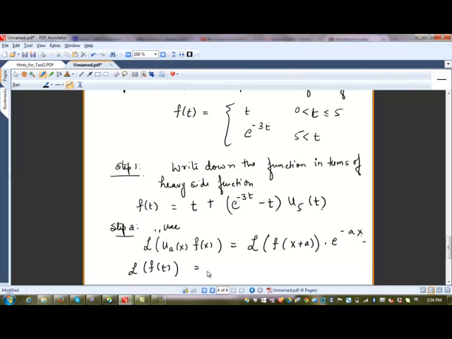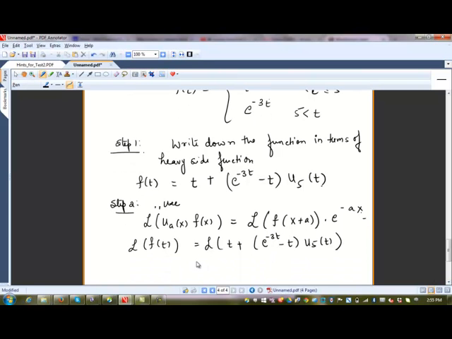The Laplace transform of f(t) is the Laplace transform of t plus (e to the power minus 3t minus t) u_5(t). That's the first step. Then by linearity we can break it: Laplace transform of t, plus Laplace transform of e to the power minus 3t u_5(t), minus Laplace transform of t u_5(t).